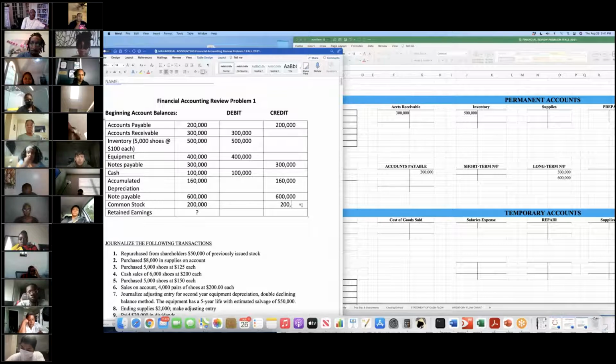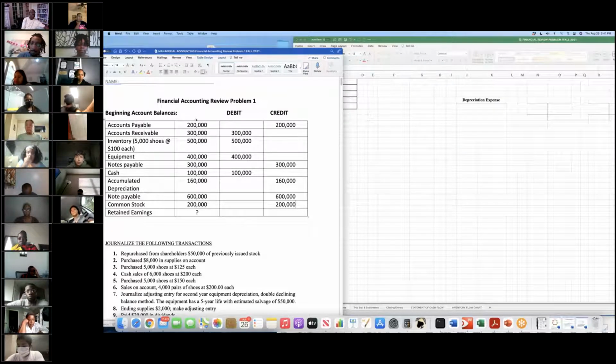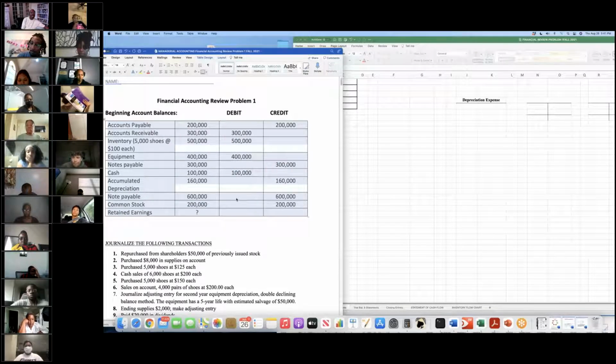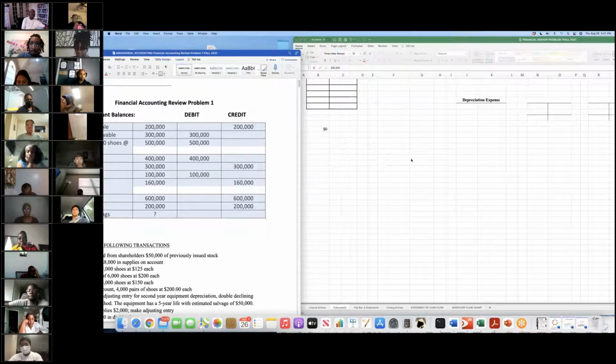Now, I'll see if it will do it. Sometimes it doesn't like to do it if the sizes are different, but I'm going to try to copy this into Excel as it stands here now.